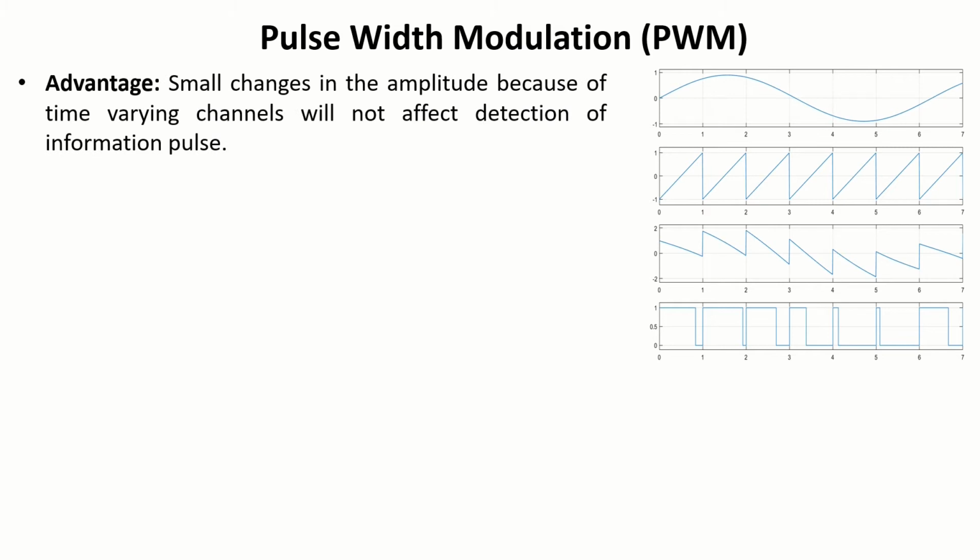Now when it comes to the advantages of using PWM, we say that small changes in the amplitude because of a time varying channel will not affect the detection of information pulses.